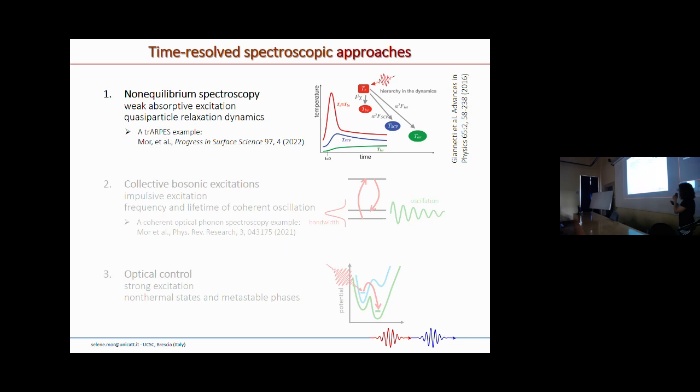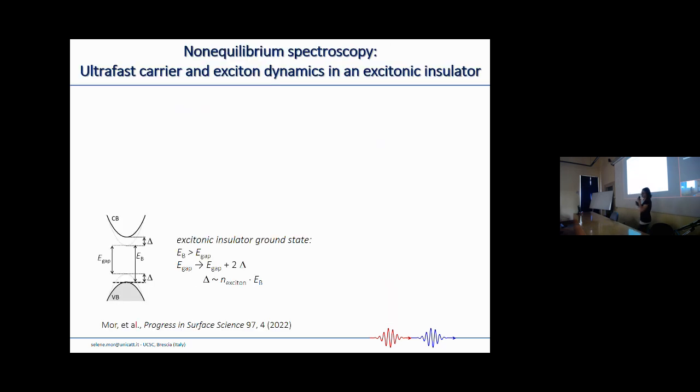For this kind of approach, I want to discuss the dynamics in a system studied by time-resolved photoemission spectroscopy. I don't know how many of you are familiar with this phase of matter, an excitonic insulator. It's a theoretically predicted phase of matter, which is debated, especially among experimentalists, whether it is really realized in real materials.